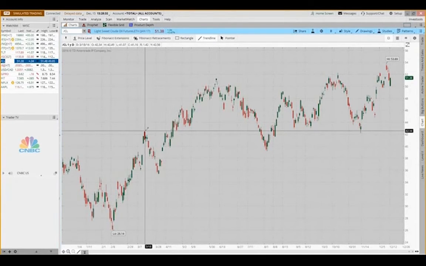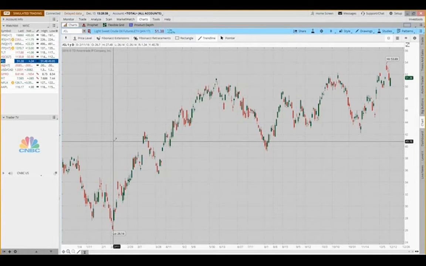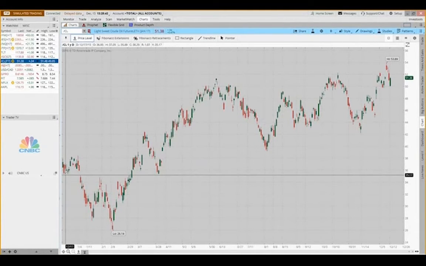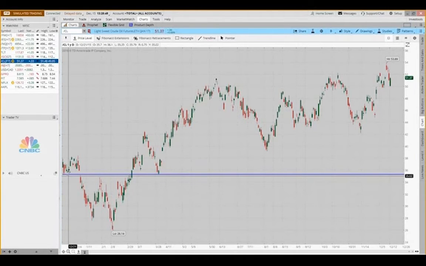Here's another one. One way to identify support or resistance is just to draw a horizontal line at that level, okay? So look back in here. If we start at the far left, you see this one right down here? Look, if I put a line in here and just extend it across, okay?